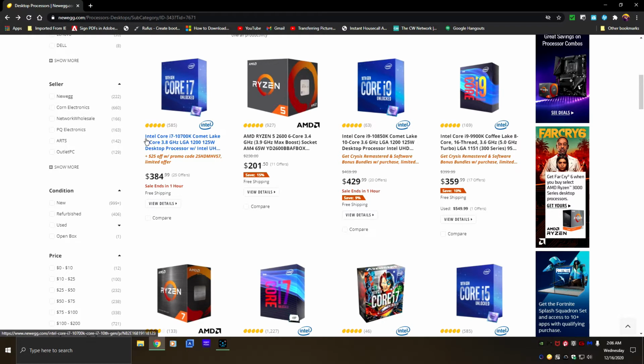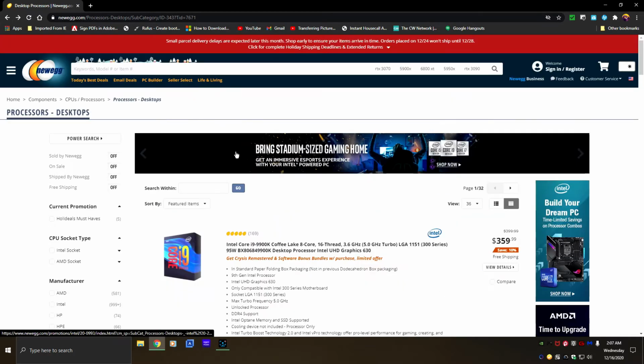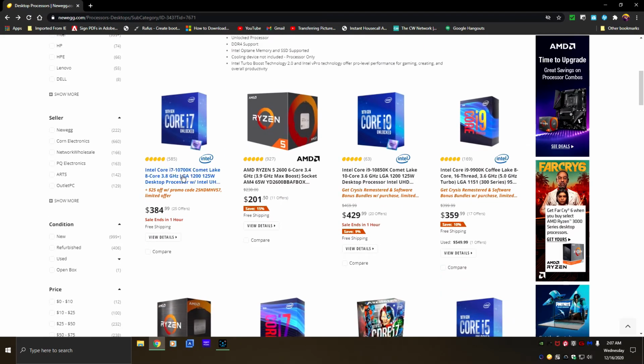If you look at these numbers, this particular number right here is 107. As soon as my page stops loading, this 10700K shows you what generation the processor is. Some you don't even have to look at this to tell what it is.